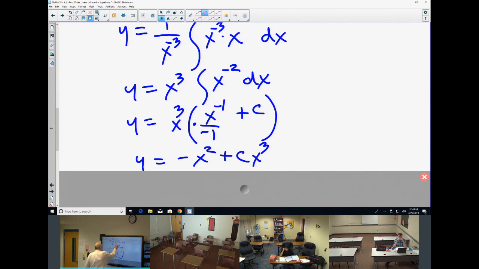So we put the plus c when we do the integral. Then when we distribute, this number here is going to get distributed by the c. Okay? And frankly, whenever I make a mistake on these, it's because of that. Because instead of distributing here, I'll distribute here and then put the plus c at the end. And that's wrong. All right?